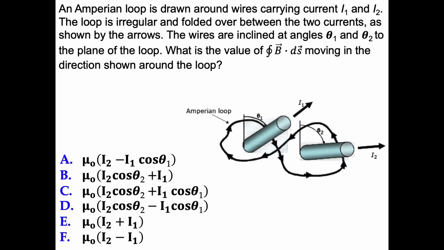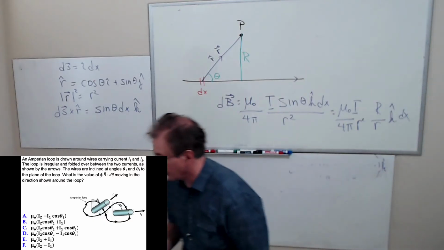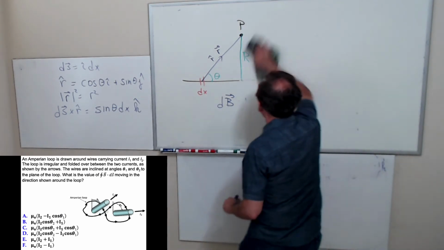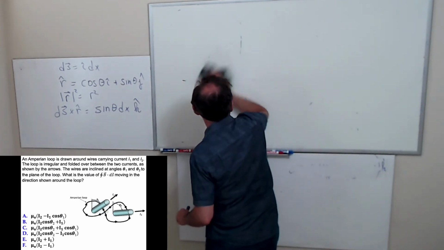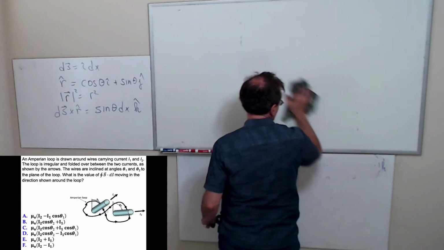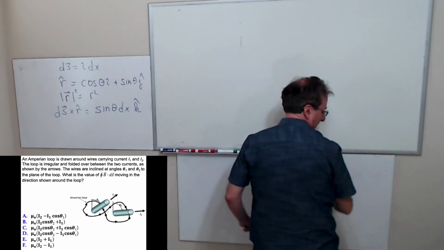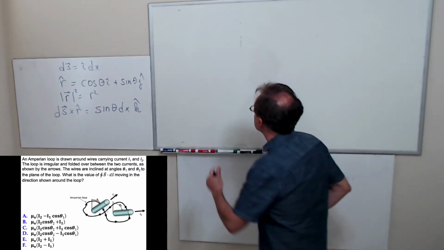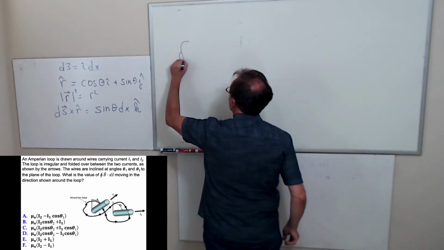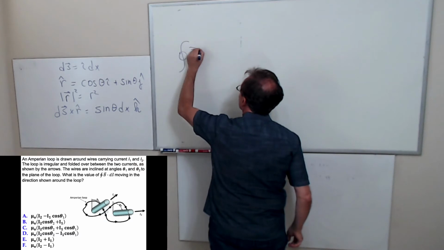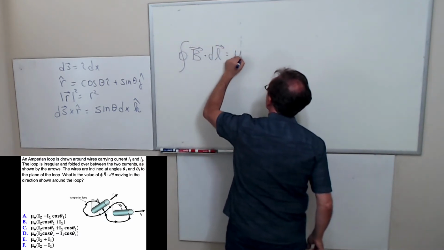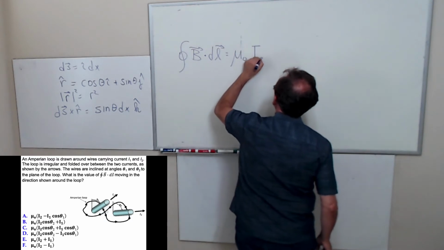Let me write down Ampere's law. So Ampere's law is this: the integral of the magnetic field around a loop is equal to mu naught times I enclosed.